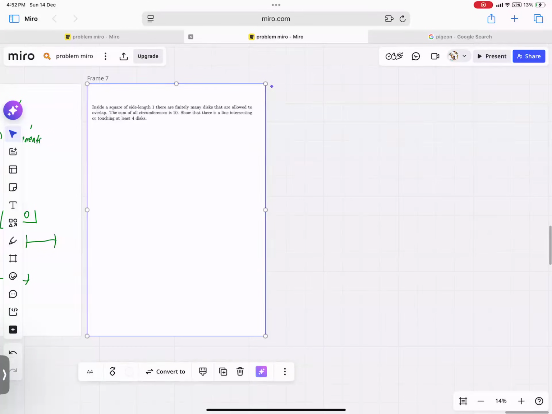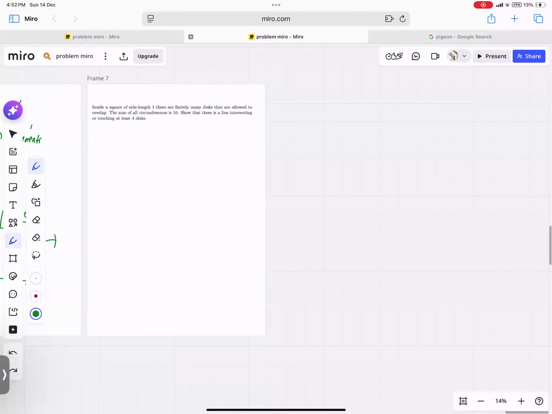So we have a square of side length 1, and we have some disks inside it.